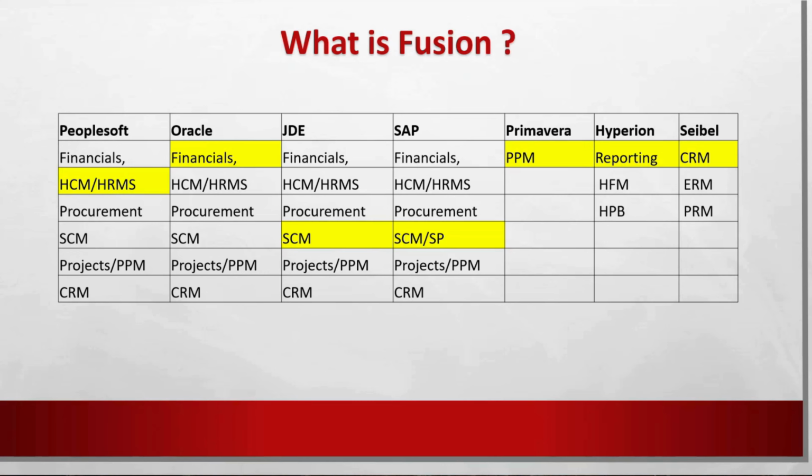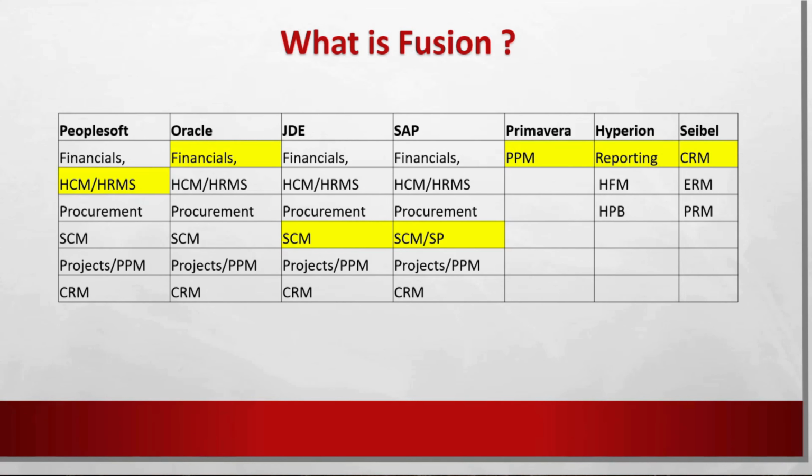So they will go for SAP and compromise in others. Or if the company thinks my core area of activity is financials, it will go for Oracle so that they get the best features of financials, and manage other applications. This is how the clients used to compromise.